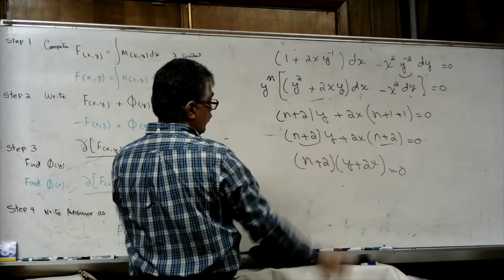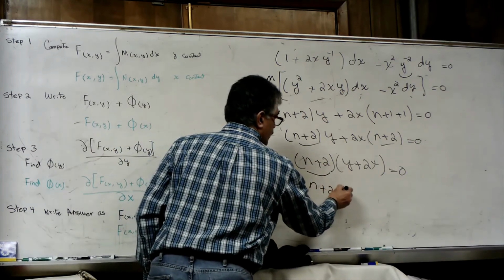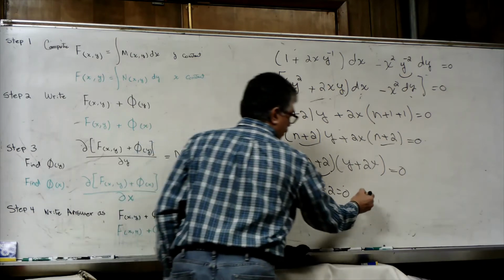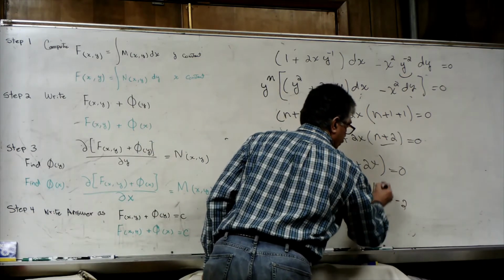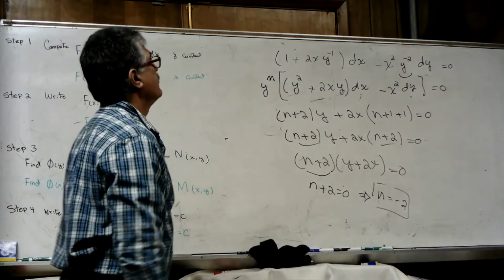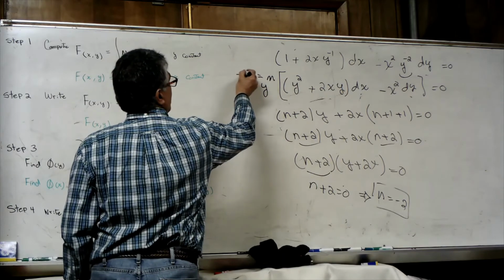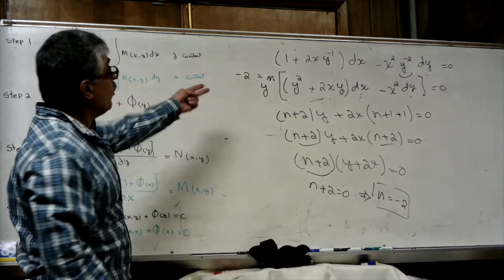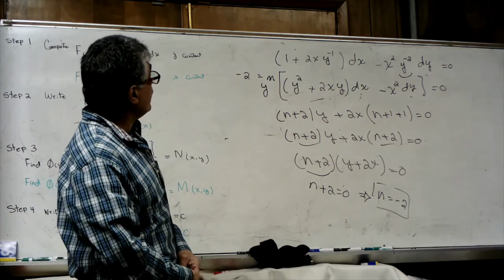So for this term to be equal to 0, n plus 2 must be equal to 0. So from here we can solve for n, which must be equal to minus 2. So n must be equal to minus 2 in order for this equation to be an exact differential equation.